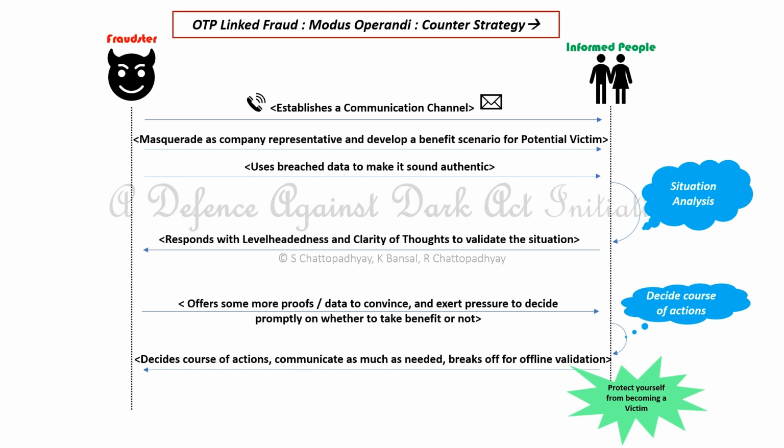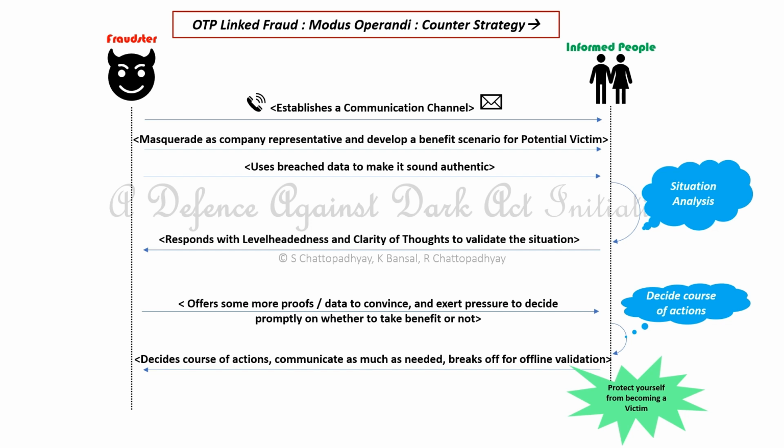And then, depending on how your information collection process has matured, you will have to take a decision on the legitimacy of this and whether you want to go ahead with it, or even if you want to go ahead, what offline validations you'll have to carry out first before taking the next step. This is usually the way you can safeguard yourself from these scams.